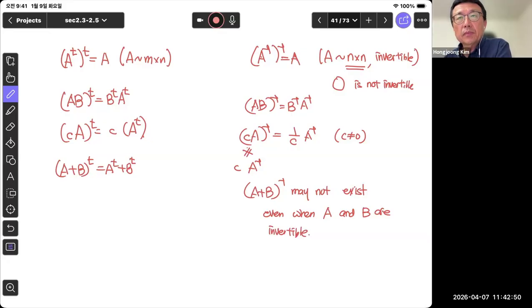Okay? So sometimes people make a mistake, right? And yeah, sometimes you may make a mistake. So please be careful. Some properties are shared between the transpose and the inverse, but some are not shared. So please be careful.